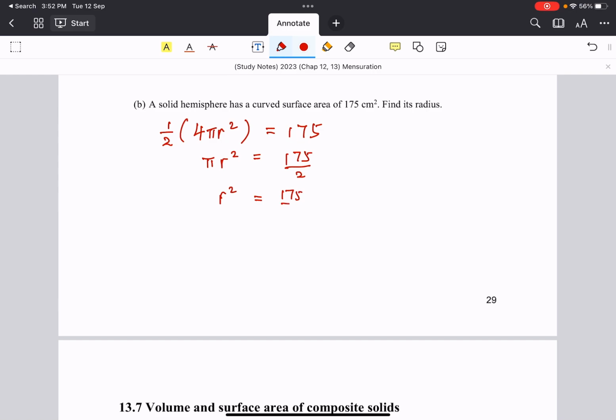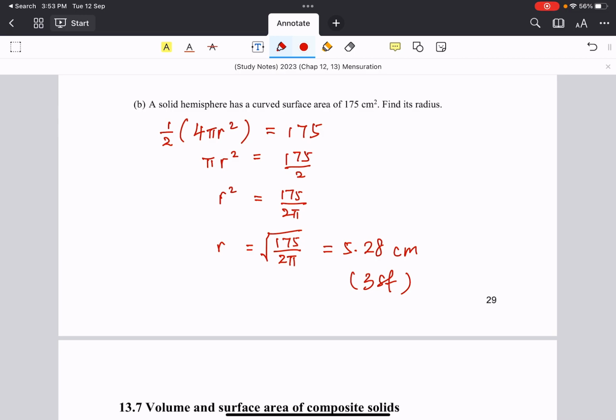175/2 pi. R is the square root. We just need the positive value, because r represents a length, and we don't get negative length. It doesn't make sense. So you work this out, and this will be equal to 5.28 centimeter, again corrected to 3 significant figures.